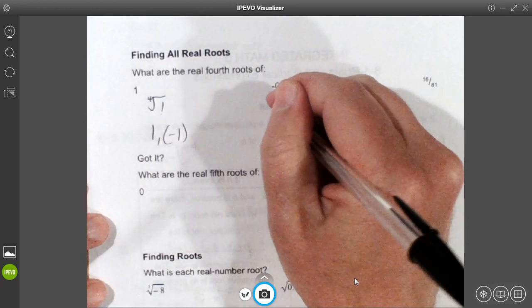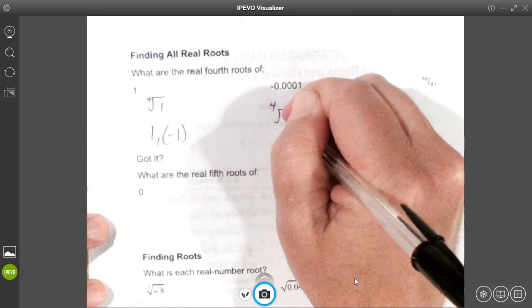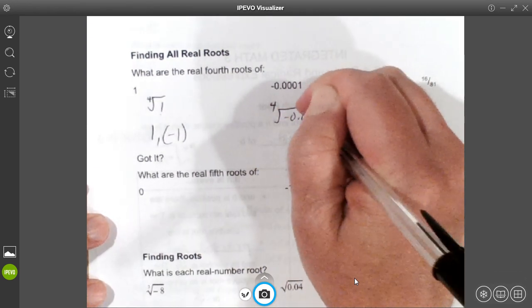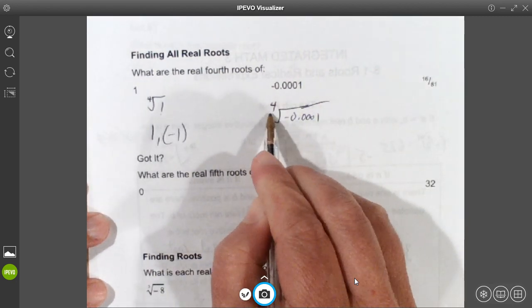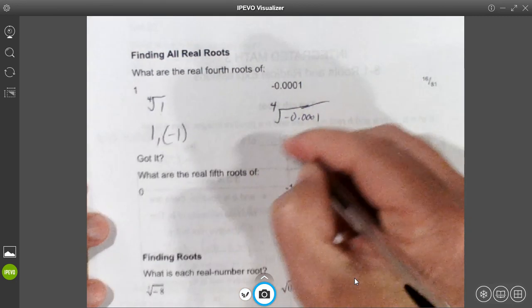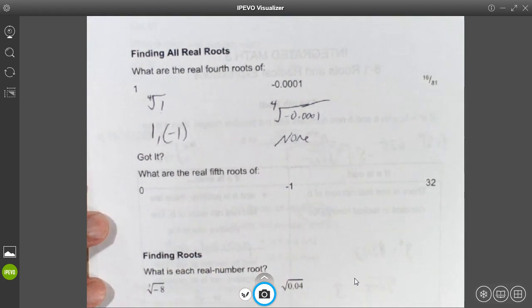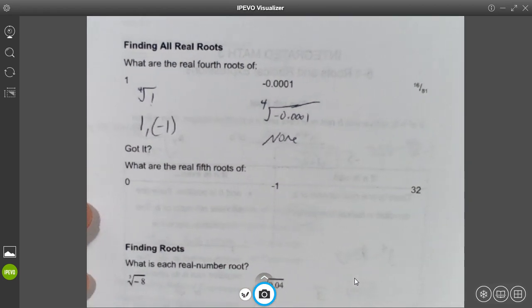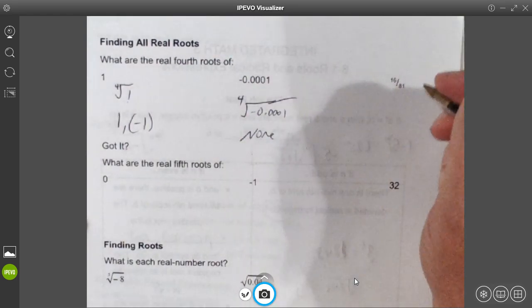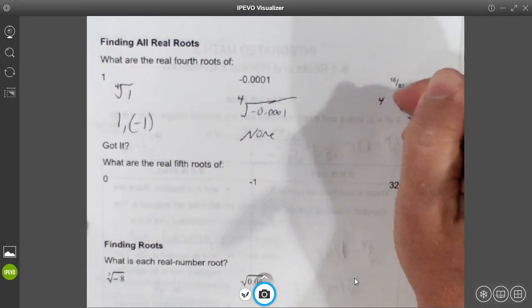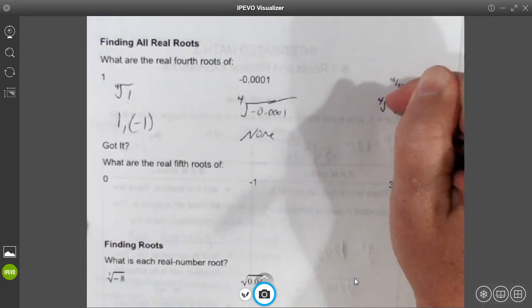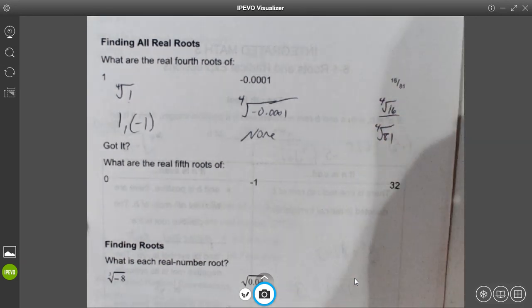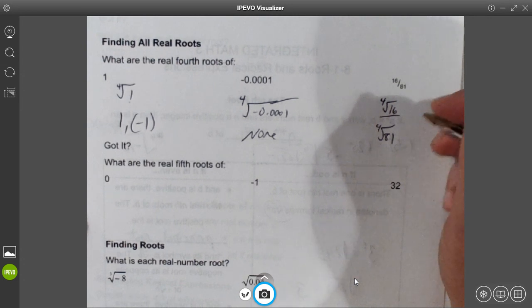If I do the fourth root of negative 1/10,000th, well, if I've got an even root and a negative underneath, there are no real roots there. And if I want to do the fourth root of a fraction, I can do that by taking the fourth root of the numerator and the denominator individually.